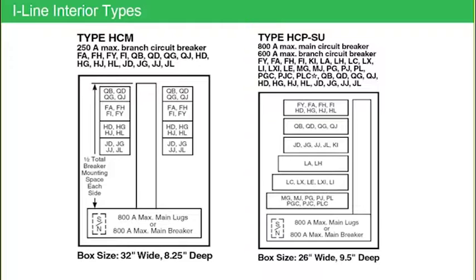And that's not true. All that's saying is those breakers will fit on that side of the panel. I can take a Q-frame breaker and mount it anywhere, top to bottom. I can take an H-frame breaker and mount it anywhere, top to bottom. And since this is a symmetrical interior, the left and the right-hand side are equal, so I can do that mounting of any of these breakers top to bottom on either the left or the right-hand side.